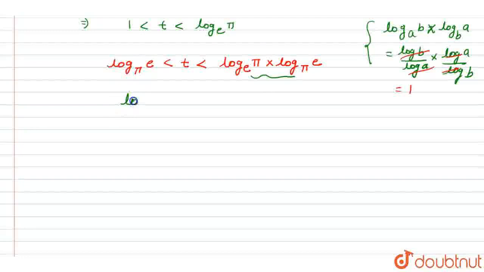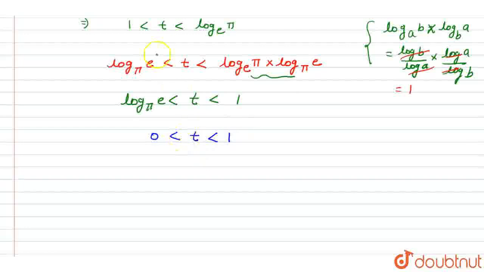From here we get log base pi of e greater than t, less than, here we get 1. We know that log base pi of e is greater than 0. So here the value is 0, so 0 greater than t, less than 1.